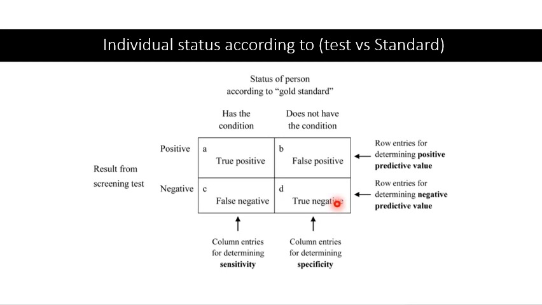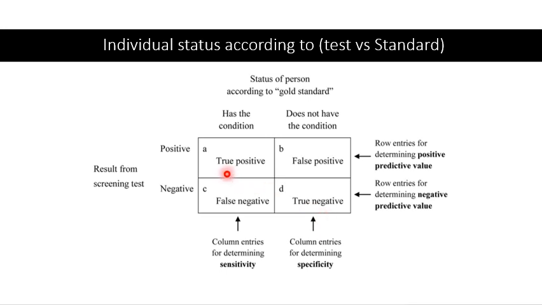Now, the important thing is that if you have the gold standard on the top and the new test or the screening test on the side, then on the first vertical column you get the results of the sensitivity, and on the second vertical column, you get the results of the specificity. Sensitivity would be comparing the truly positive to all the positive cases, and specificity would be comparing the truly negative to all the really negative cases on this column.